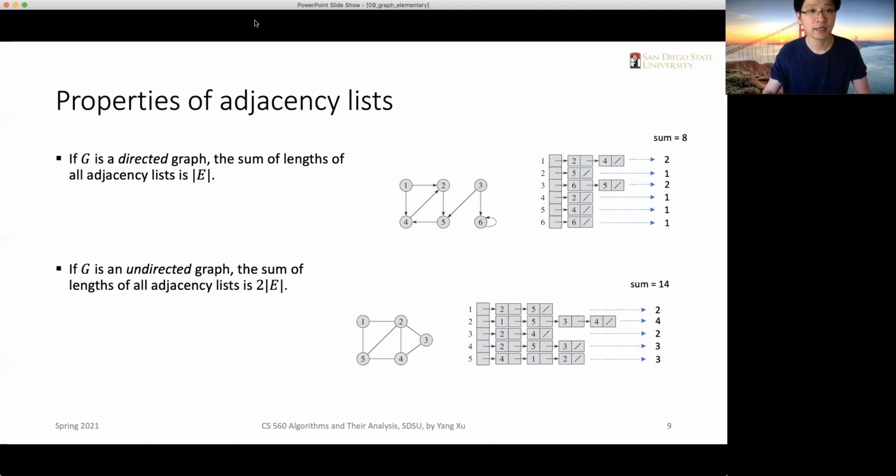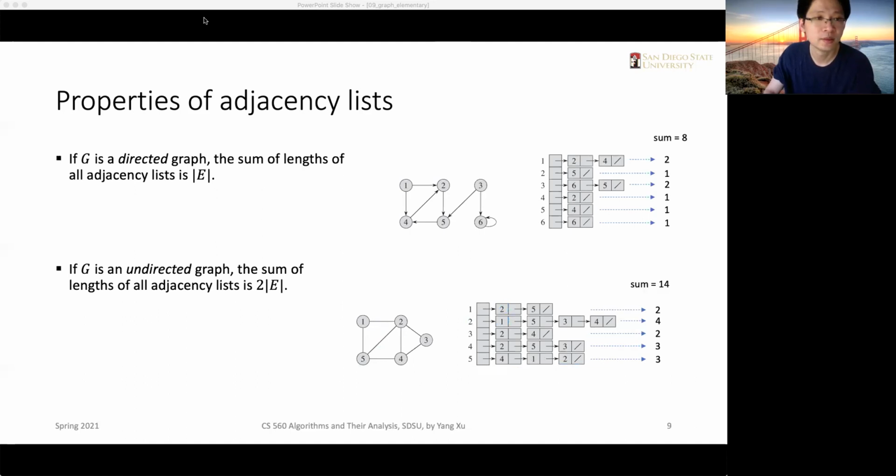The reason is that the edges don't have directions, so each is counted twice. If you look at 1, the 2 is included, and if you look at 2, the 1 is also included. So we have counted all the edges twice within these adjacency lists.